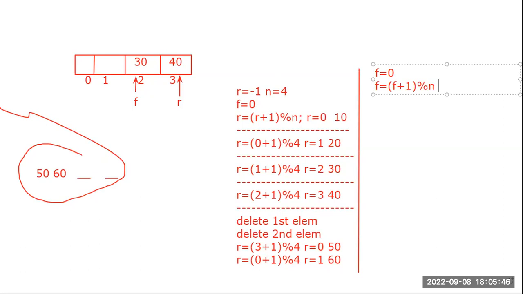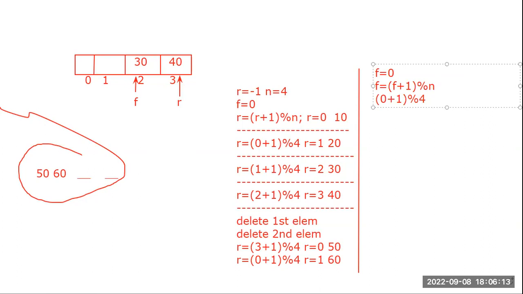What is the value of F now? 0. First you delete wherever F is pointing, and after that you should not write F plus plus. Wherever you have written F plus plus, in that place F plus 1 mod n. Here 0 plus 1 mod 4.